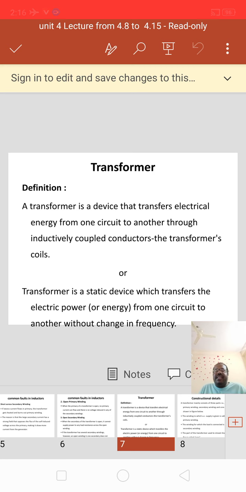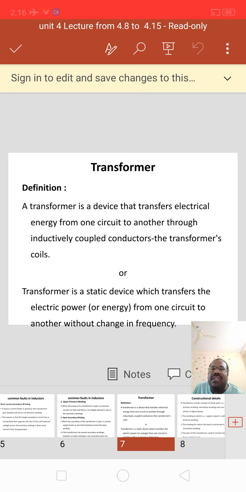Next, definition of transformer. We already know that a transformer is a device that transfers electrical energy from one circuit to another through inductively coupled conductors, the transformer's coils.